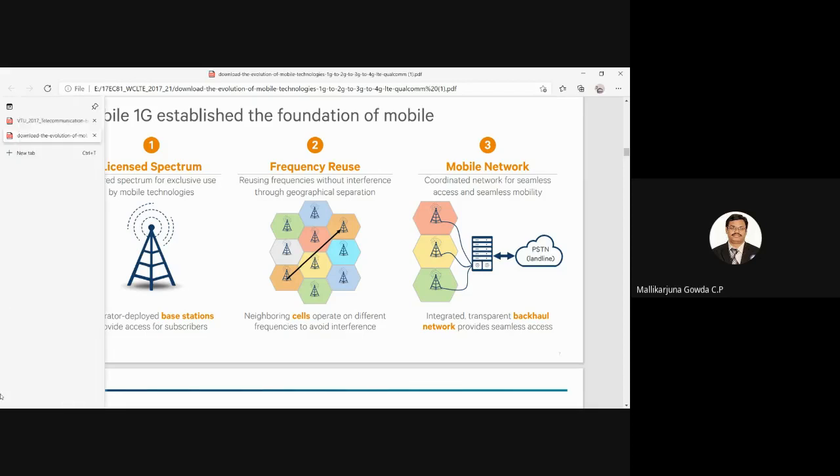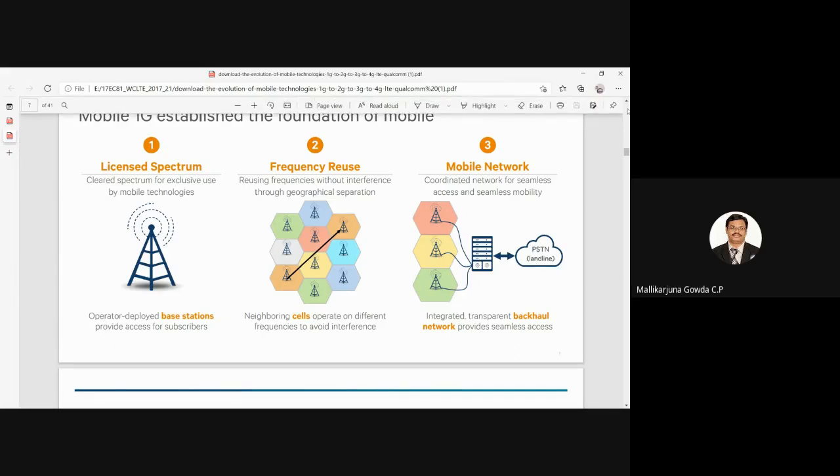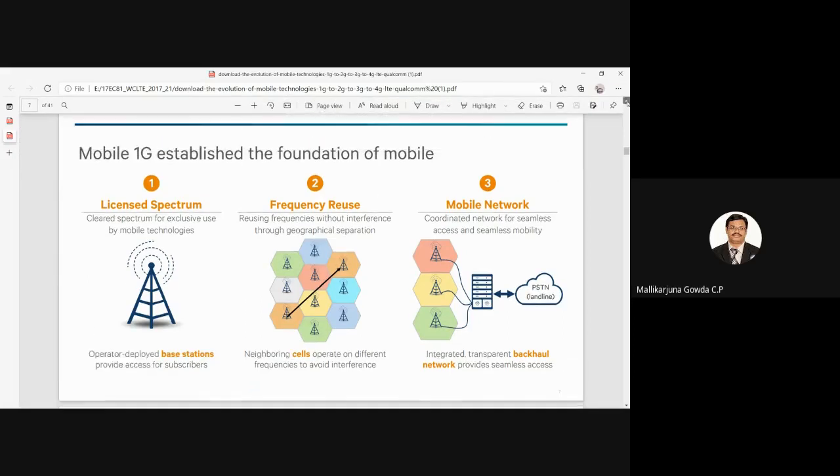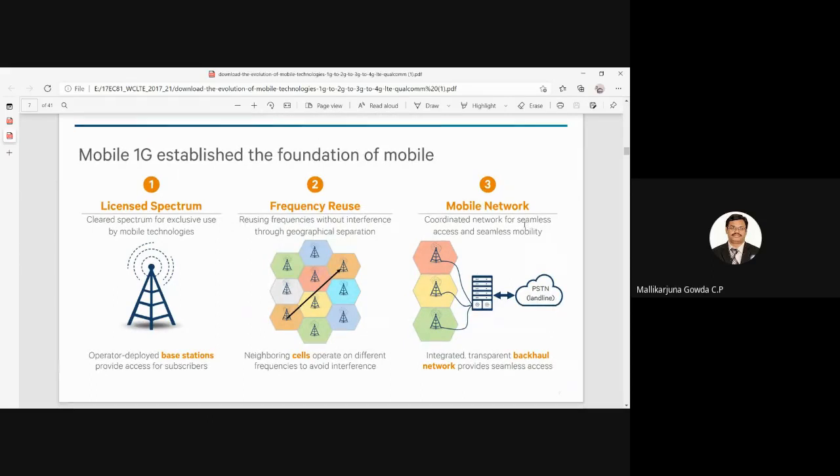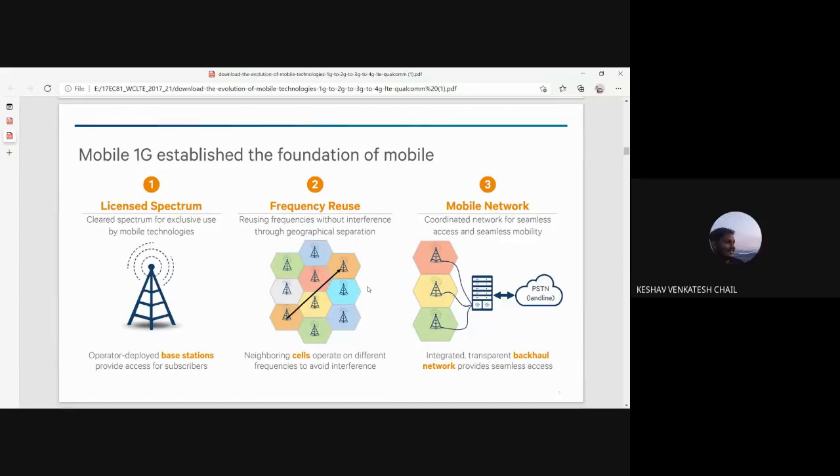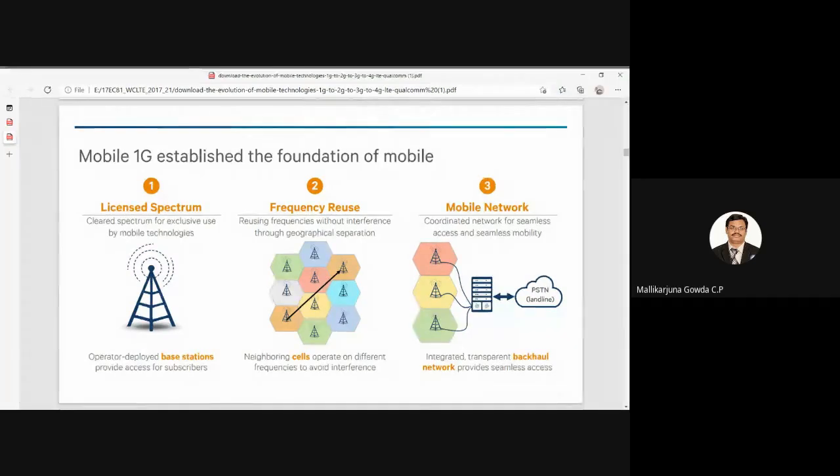You all know which organization takes care of this spectrum auction and other things. Anyone can say? TRAI. Yeah, very good. What is TRAI? Telecom Regulatory Authority of India.